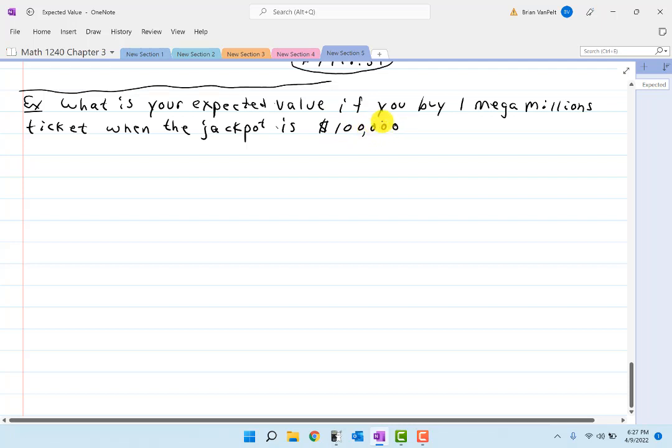I know this thing gets a lot bigger than that. In fact, I'll tell you what, I'm going to change it right on the spot. We're going to change it to $10 million.